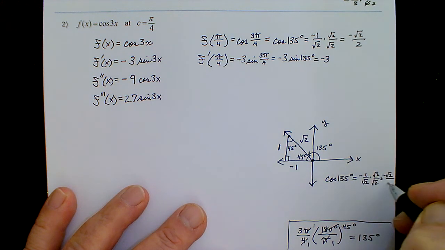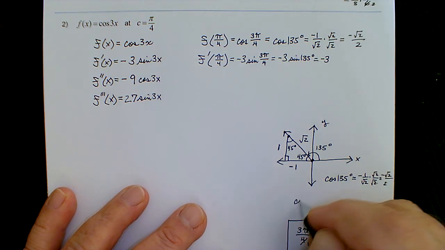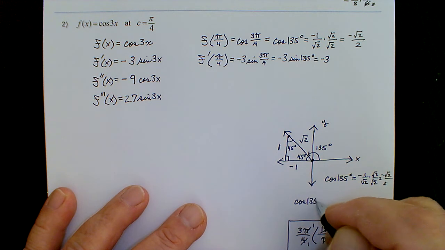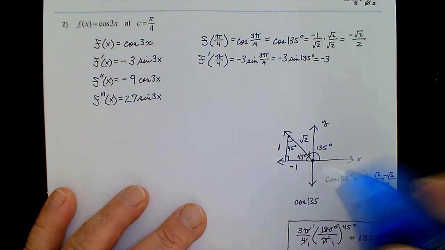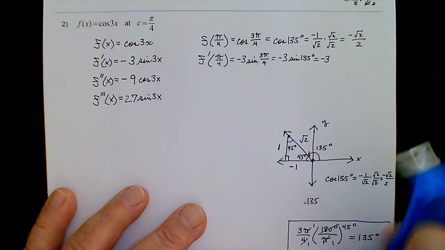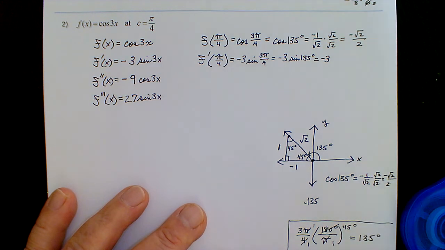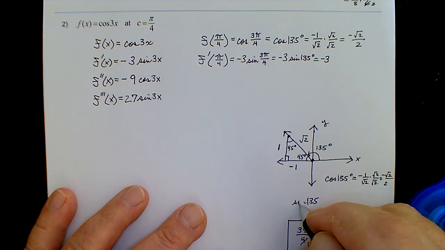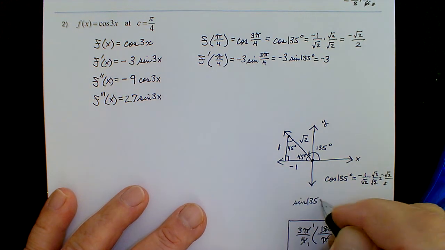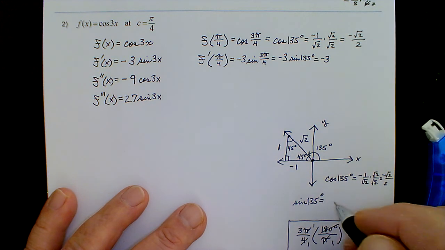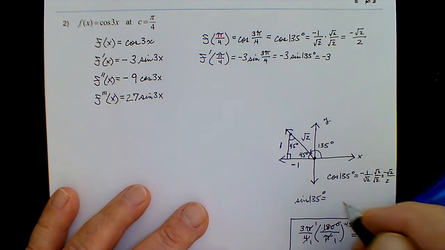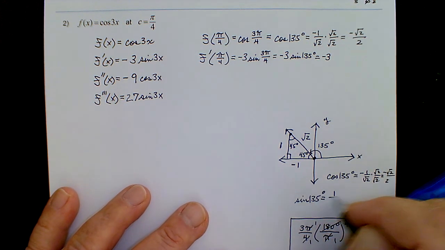So negative radical 2 over 2, and the sine of 135, that's opposite over hypotenuse, so now it's the positive 1 divided by the square root of 2.